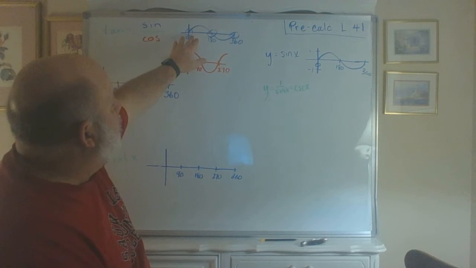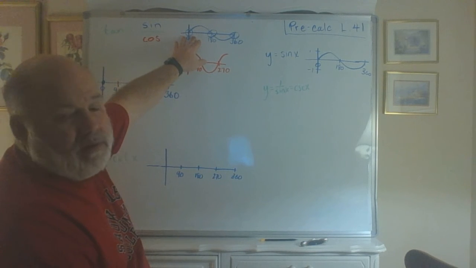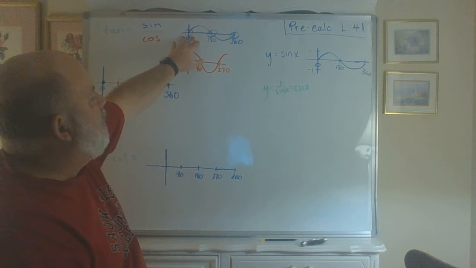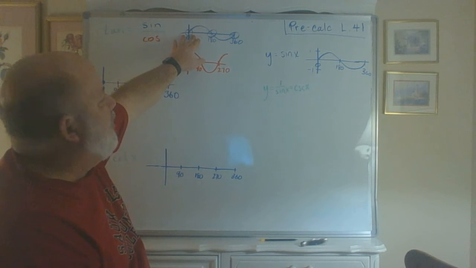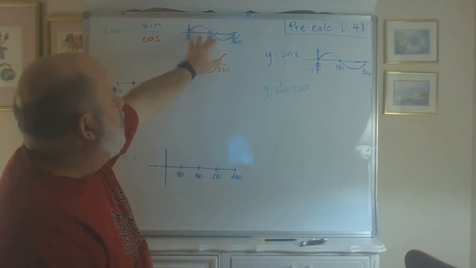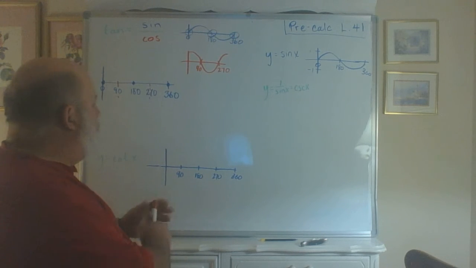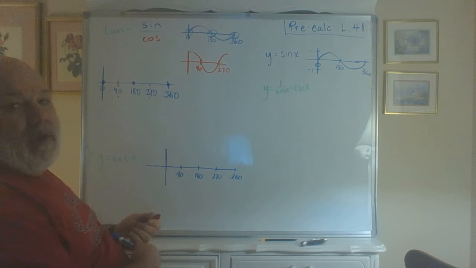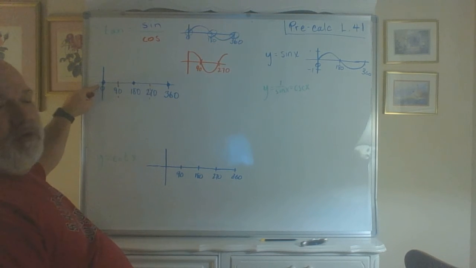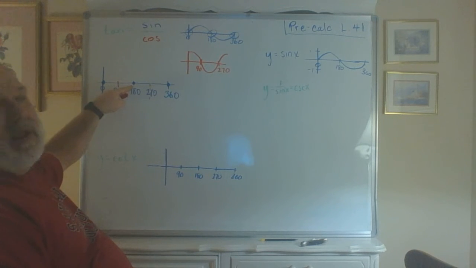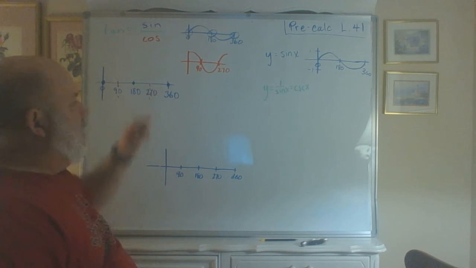So right here, here's a sine function, and the sine function crosses the x-axis at 0, at 180 and 360 in the first cycle. That means that my tangent function will also cross the x-axis at 0, 180, and 360.